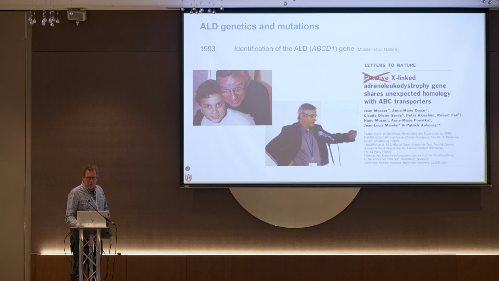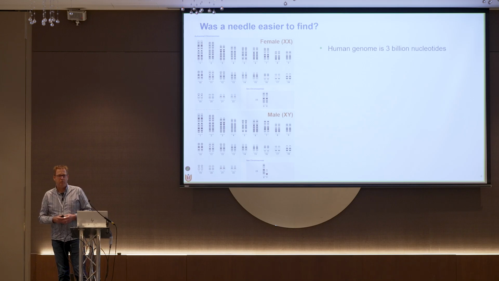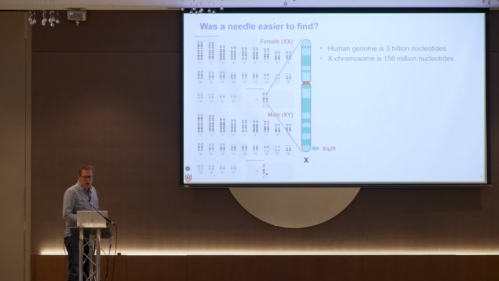And to give you an idea how incredibly difficult it was to find this gene, I'd like to give you some information. Our human genome contains 3 billion nucleotides, building blocks. And the ALD gene is located on the X chromosome.